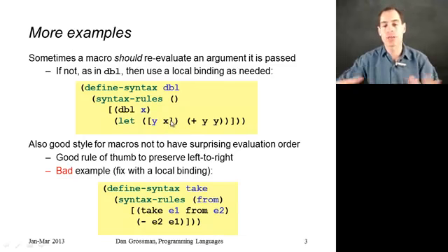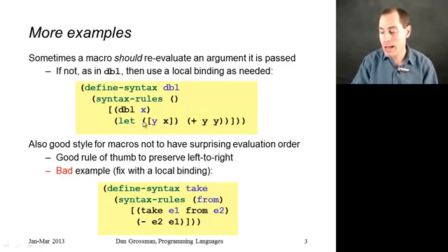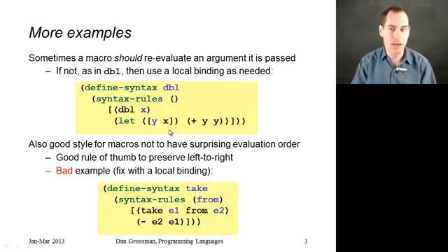So x is some expression, maybe it prints, but then y will just be the result of that expression, because that's how let expressions work. And then we'll add y and y. And these y's are just looking up a variable that holds the result of a previous computation. So now this macro seems to work much more like the version that's star 2 x because it only prints once.